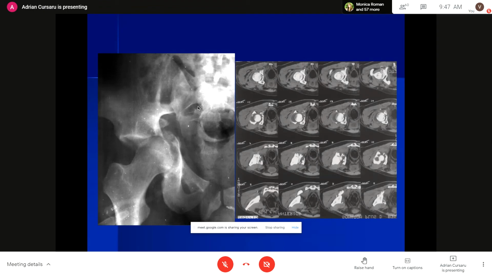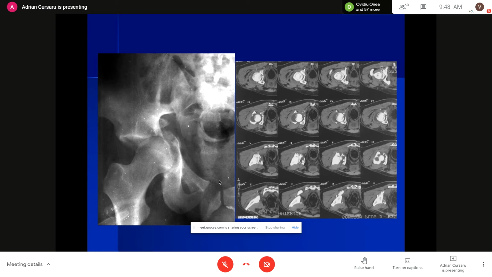Maybe the pubic tubercle. That's also very good. The pubic symphysis. Okay, we have a fracture here on the obturator ring. We have very big blood loss in that kind of fracture, and it is very important because the hemorrhage will go into the retroperitoneal space.